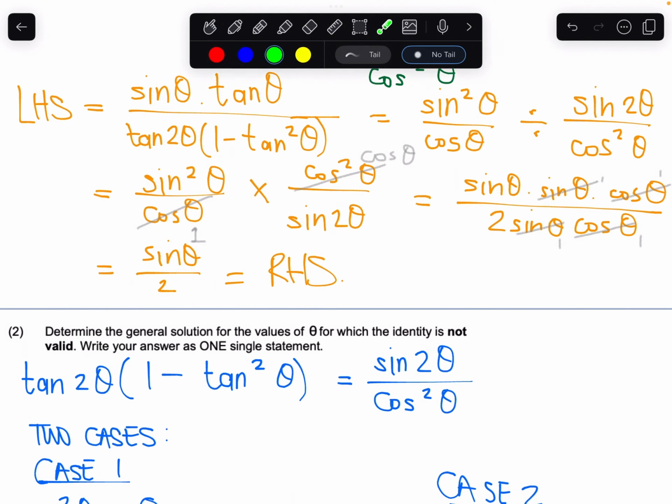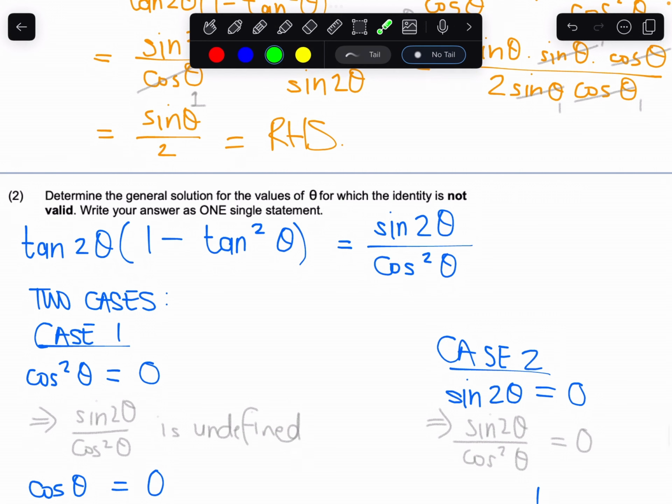I looked at the case where this is 0, therefore making this fraction 0, therefore making this 0, therefore making our division in the original identity a division by 0, making it invalid. So that was the first case. And then the second case was, well, where is this equal to 0? Because if this is equal to 0, then this fraction becomes undefined, this expression is undefined, the identity is undefined. So those are the 2 cases I looked at.